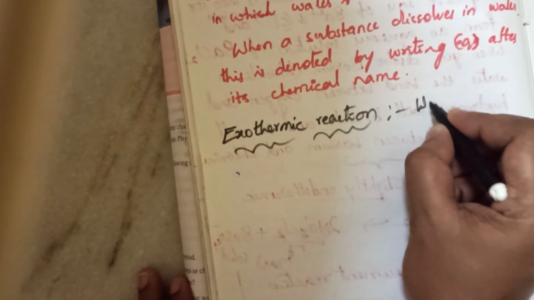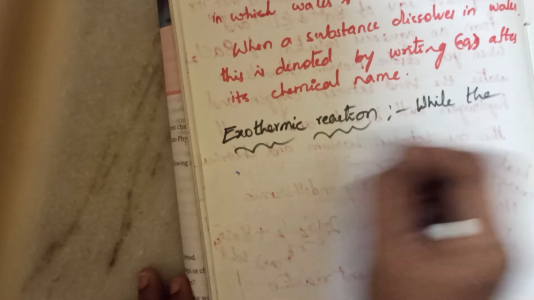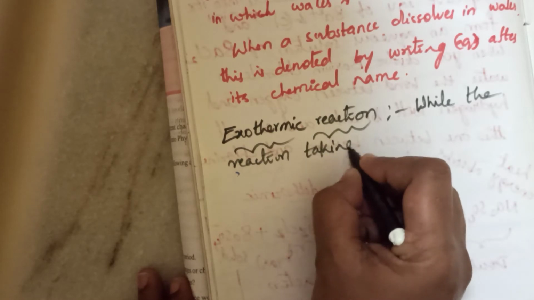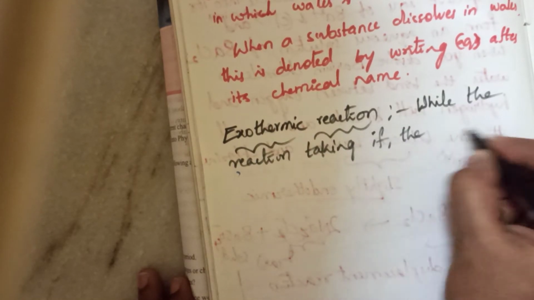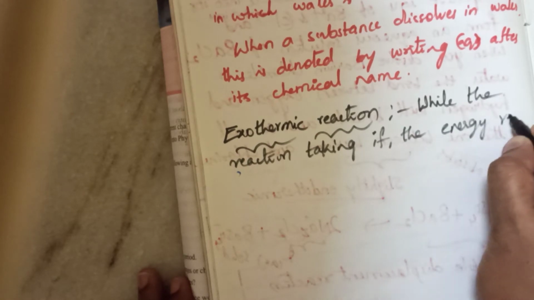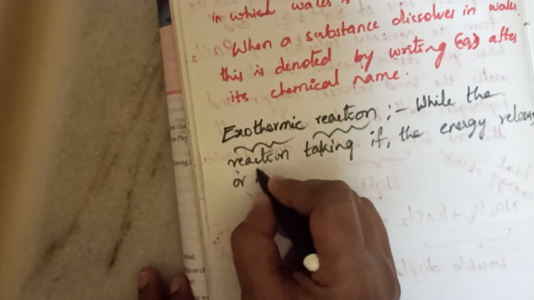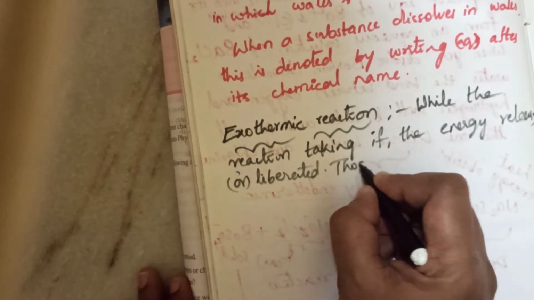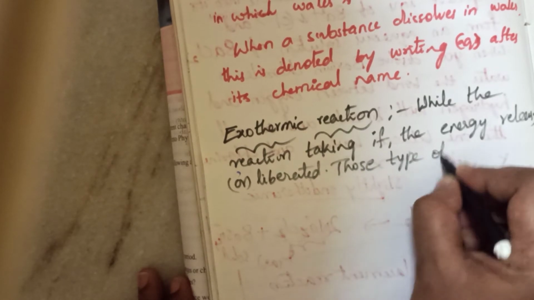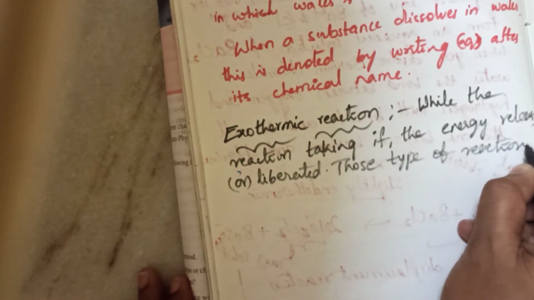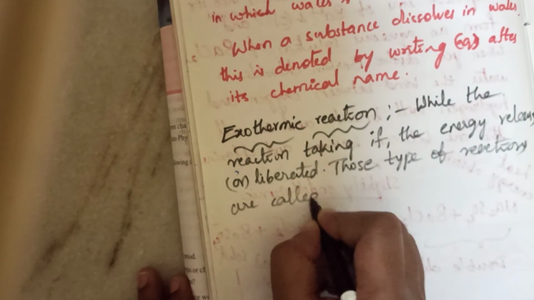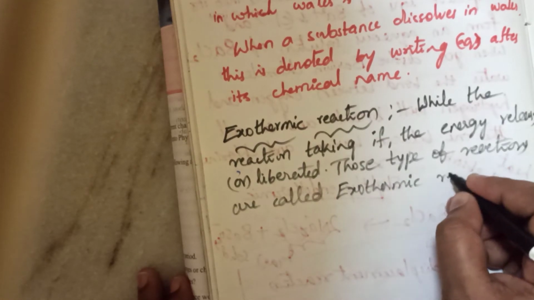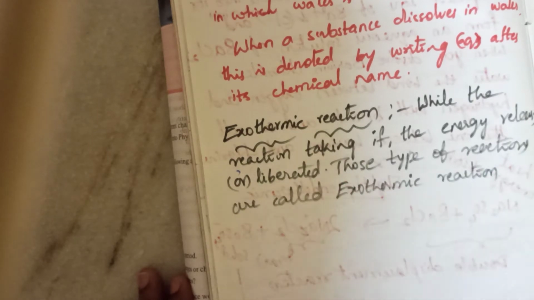While the reaction is taking place, if heat energy is released, also called liberated, those types of reactions are called exothermic reactions, children.